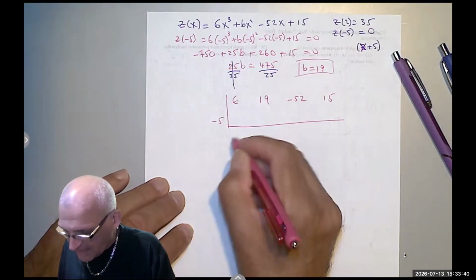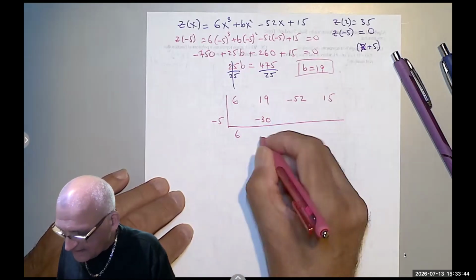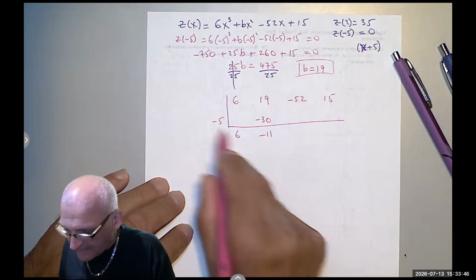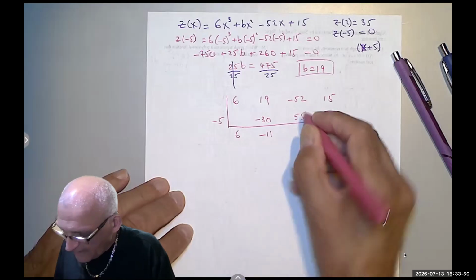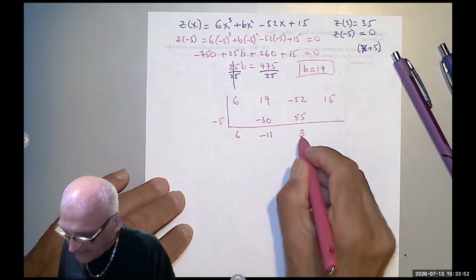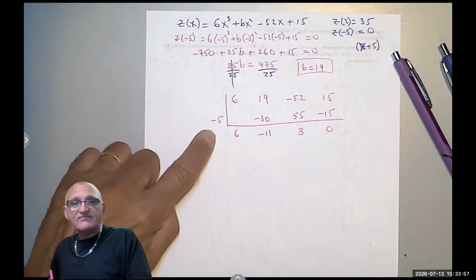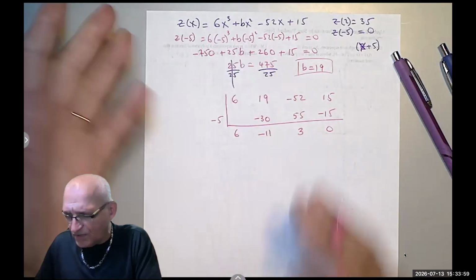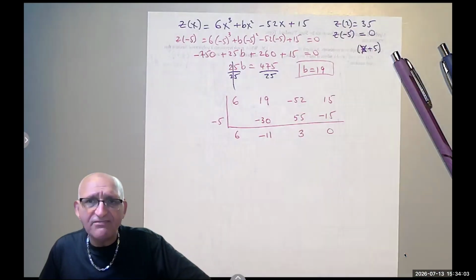The 6 comes here, times negative 5 is negative 30, plus 19 is negative 11, negative times negative is positive, and 5 times 11 is 55, minus 52 is 3, 3 times 5 is 15, negative, and 0. So I know it's divisible by x plus 5, of course, they told us this. This is another way of saying that negative 5 is a root.